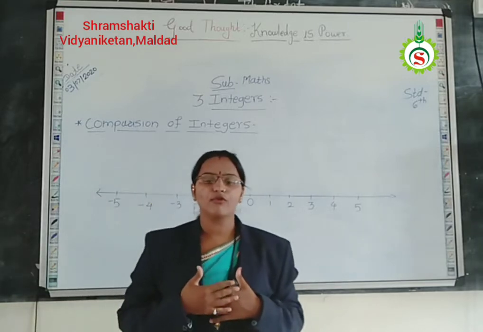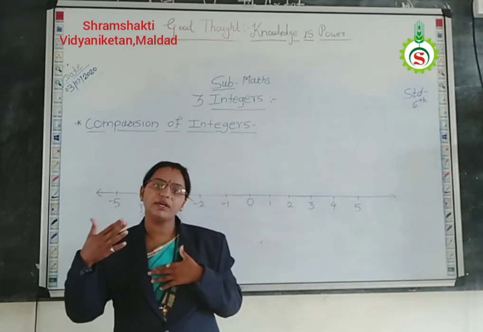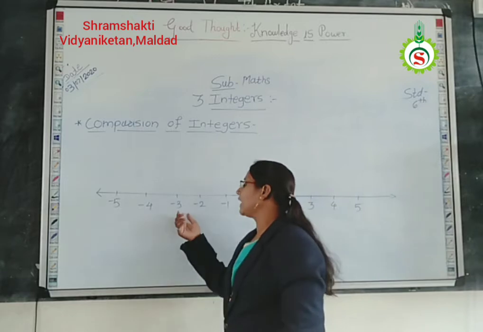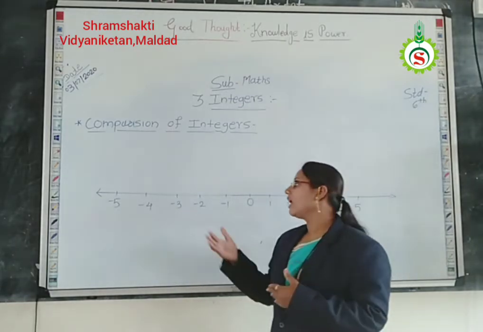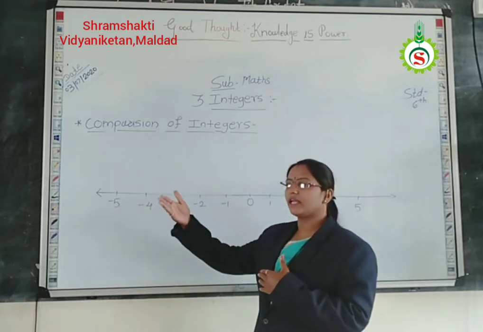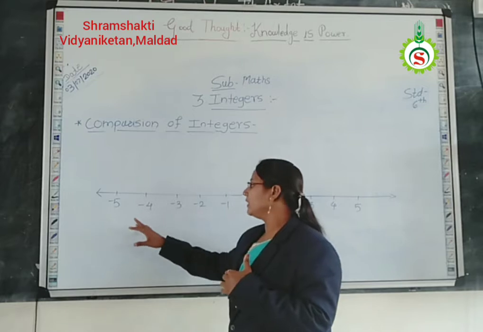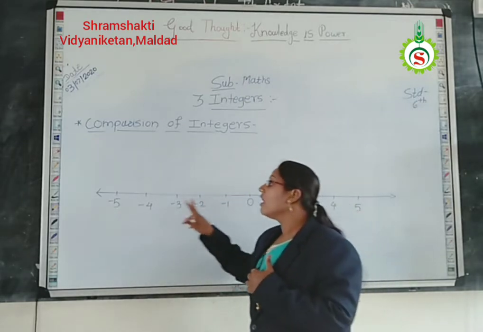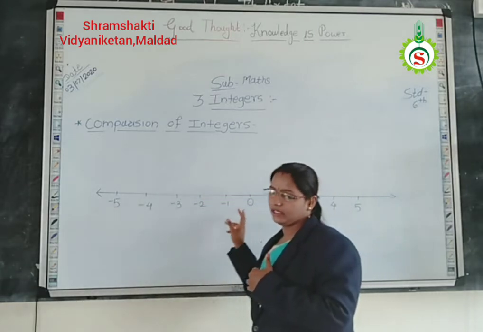For positive number, when the number is bigger, its value is also greater. But for negative integer, it is opposite. As the number gets bigger and it is negative, its value is less. Means minus 5 is always smaller than minus 1. Minus 5 is smaller than 0, like this.